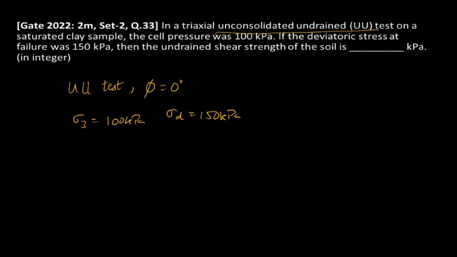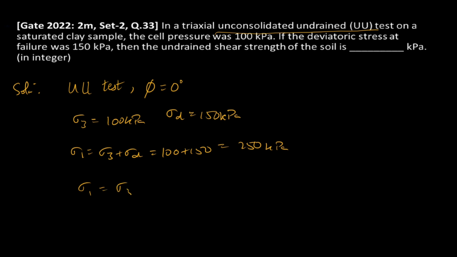From this we can get sigma 1 equal to sigma 3 plus sigma d, which is nothing but 100 plus 150, 250 kilopascal. From the stress relationship, sigma 1 equals sigma 3 tan square (45 plus phi by 2) plus 2c tan (45 plus phi by 2).